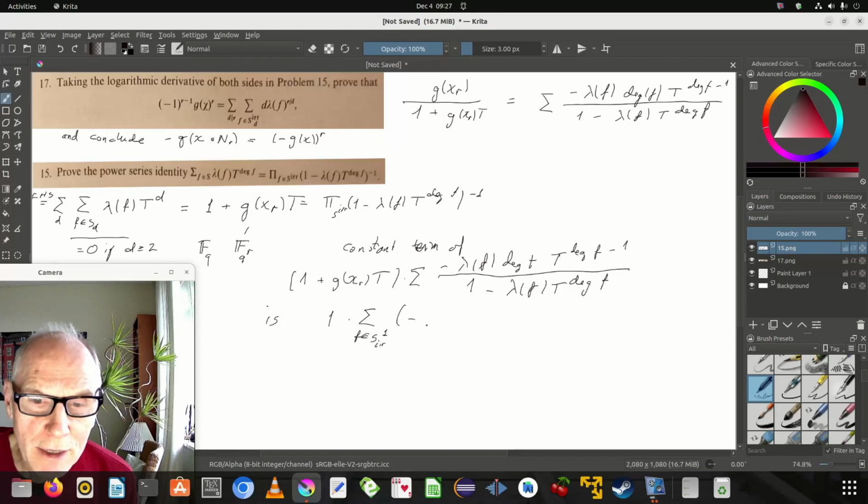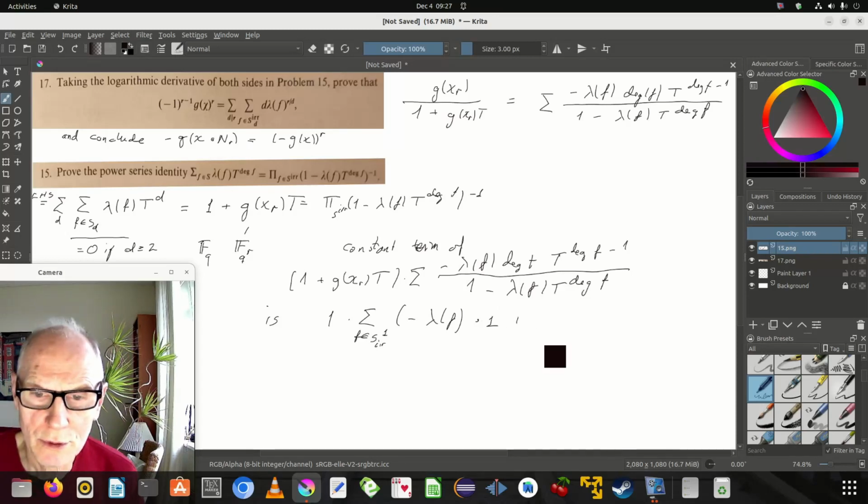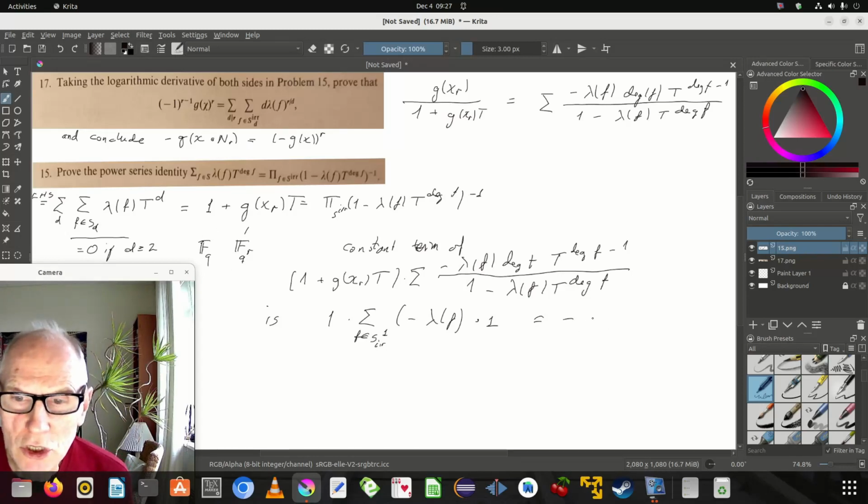So it's minus lambda of f, degree f, times t to naught. And this is minus the sum of all the f's of order 1 in fq, which gives exactly g of chi itself.